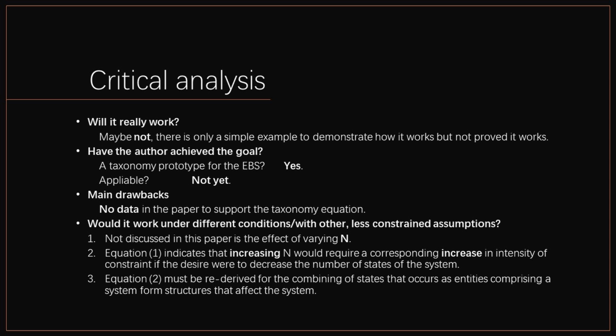Second, equation 1 indicates that increasing n would require a corresponding increase in intensity of constraint if the desire were to decrease the number of states of the system. Equation 2 must be re-derived for the combining of states that occurs as entities comprising a system form structures that affect the system.